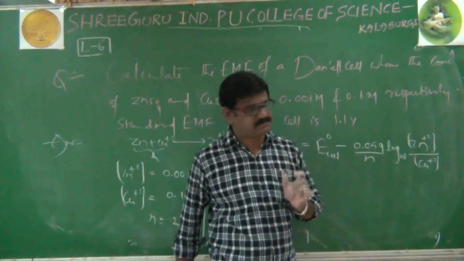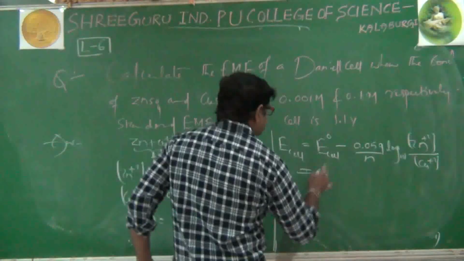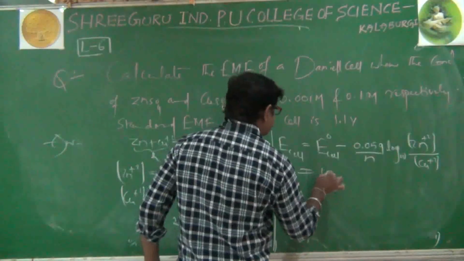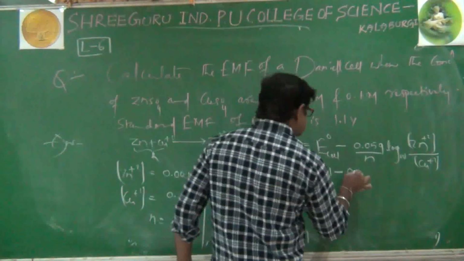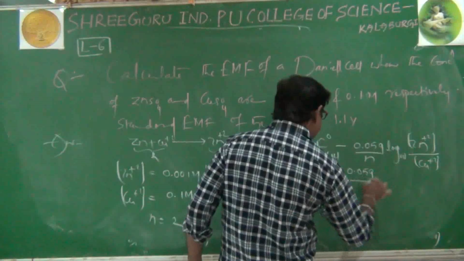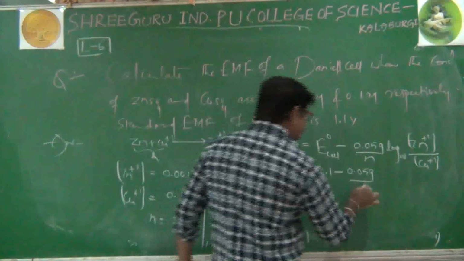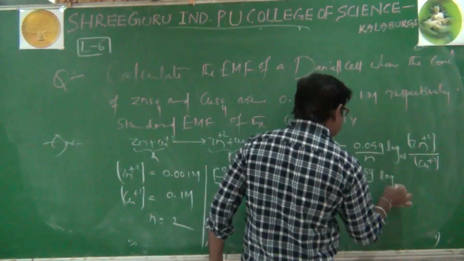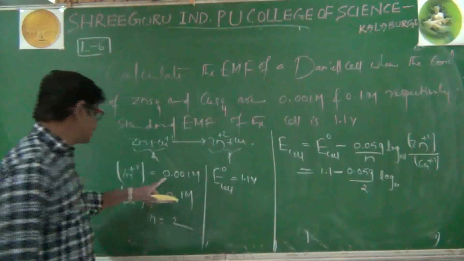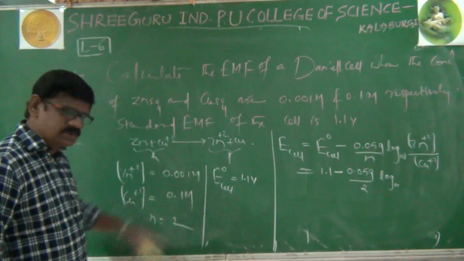That is very important. That is equal to E0 cell value 1.1 volts minus 0.059 divided by n value 2 log base 10 of Zn plus 2 concentration, 0.001.